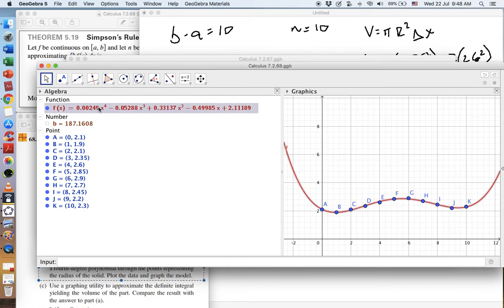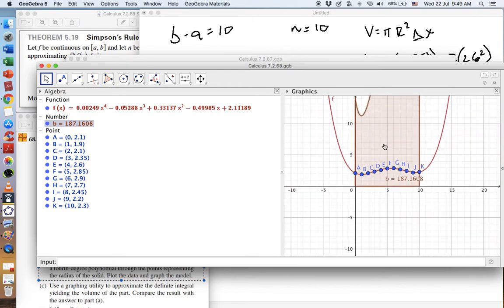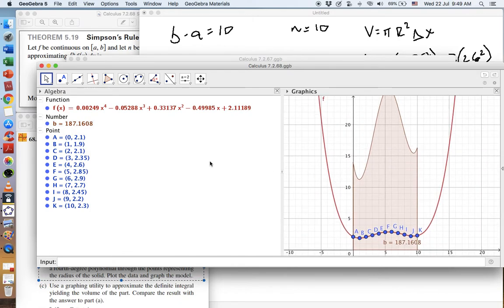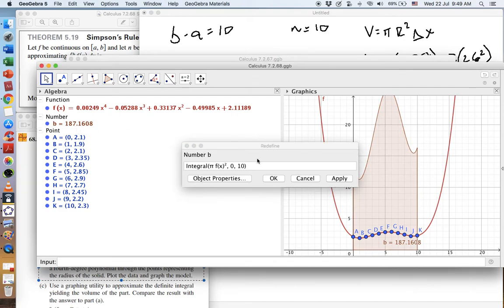Here is our decimal value of that polynomial, and then when I calculate the integral, so I said the integral of pi f of x squared from 0 to 10, it gives me this funny one.